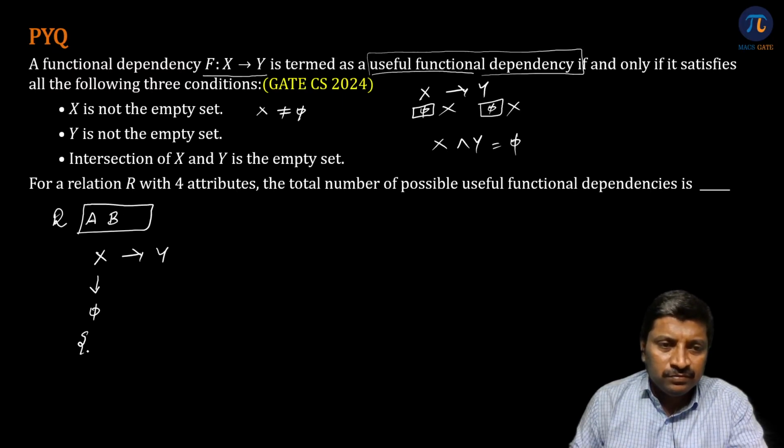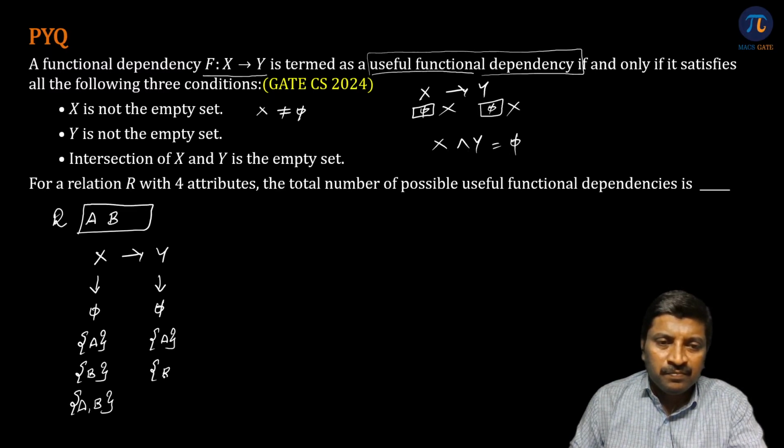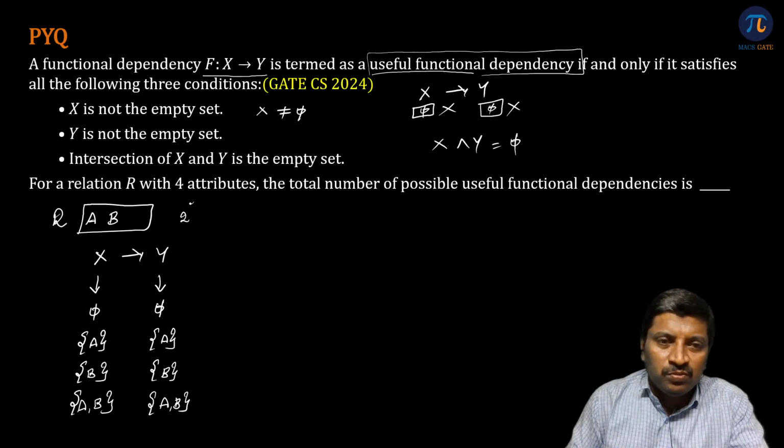Empty set, A, B, AB. Similarly, what are the possible values of Y? Empty, A, B, AB. So in general, it will be 2 power 2 into 2 power 2. Totally, it will be 4 into 4, 16.